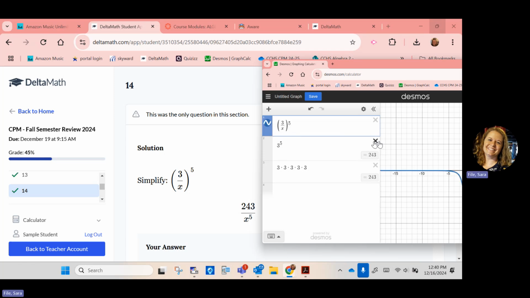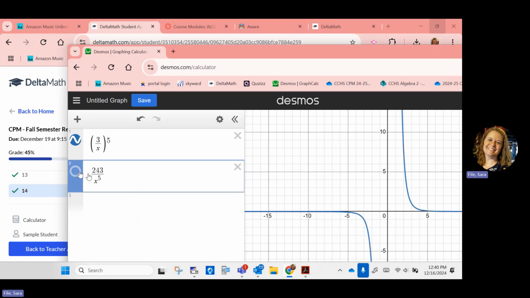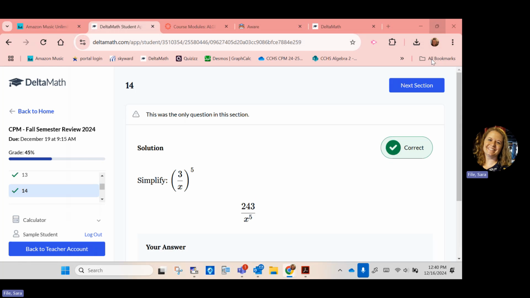And then type in the answer that we got, which was 243 over x to the 5th. And again, we don't know anything about those graphs, but I can see that they're exactly the same. You see that? It just shows you that that's equivalent. If things are equivalent, if they're equal to each other, they will graph the exact same way.